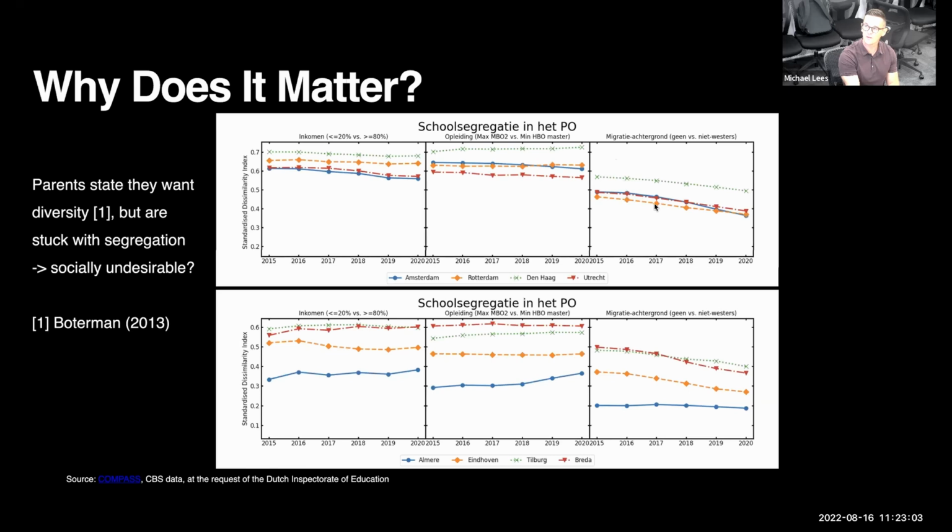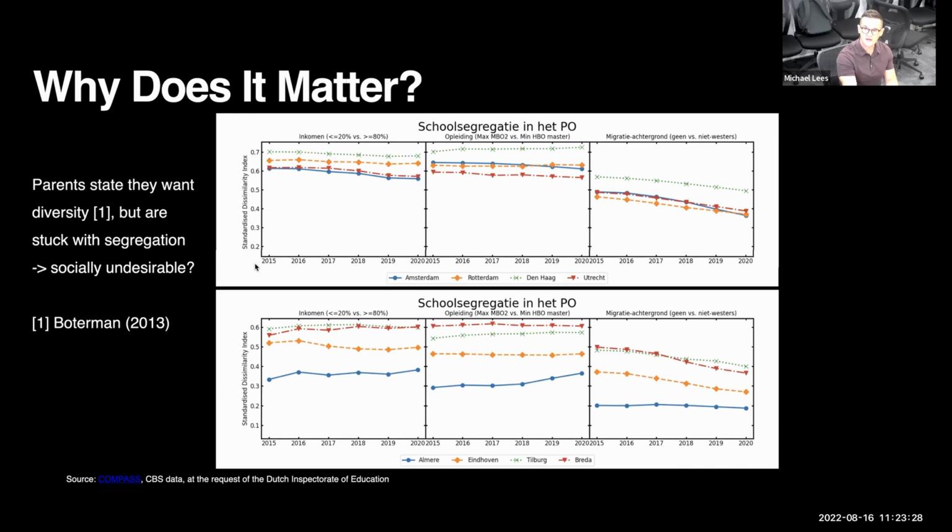For ethnic segregation, this is actually decreasing, which is a good sign. But in other places, things like income segregation is getting worse. You see this now with a lot of non-white expats coming to the Netherlands as well. The ethnic segregation starts to decrease, but the income segregation starts to increase.